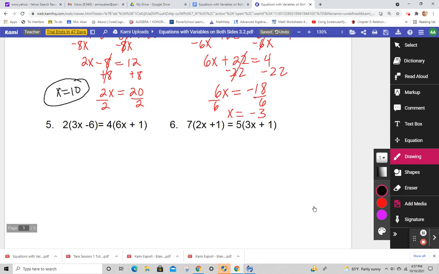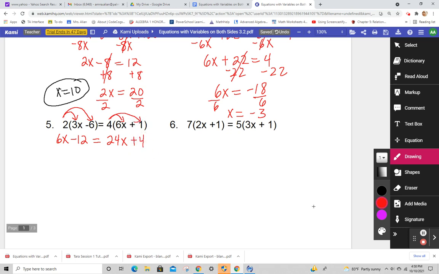All right, so I'm going to go ahead and start number 5. We're going to distribute. So 2 times 3x is 6x. 2 times minus 6 is minus 12. I'll distribute here. 4 times 6x is 24x. And 4 times 1 is 4.